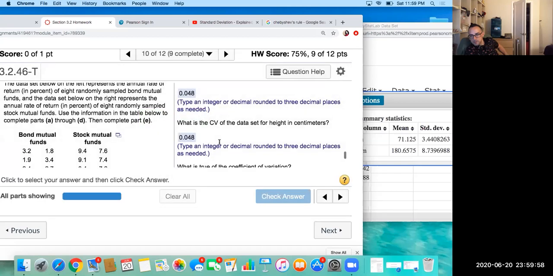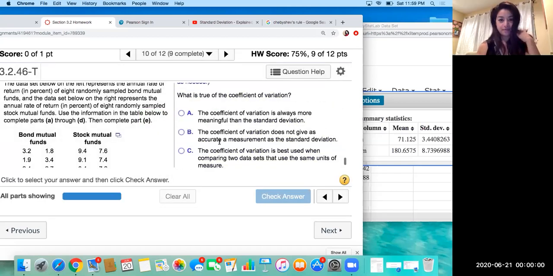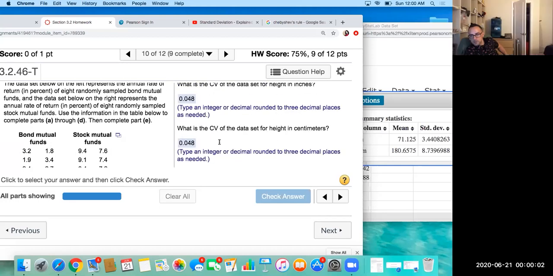That is interesting, because they're both sort of changing together. I was looking at that too. The standard deviation got bigger with the centimeters, and the mean also got bigger. So there's some sort of proportionality here. They're proportional. It's interesting.